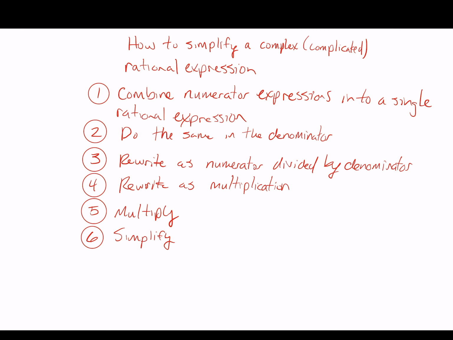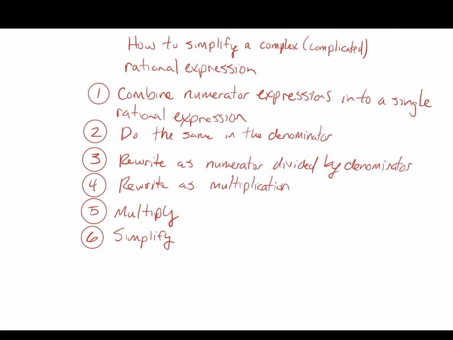Well, first we need to combine the numerator expressions into a single rational expression. So if we have addition or subtraction in the numerator, we need to try and combine those into a single expression. Then we want to combine all the expressions in the denominator into a single rational expression by adding or subtracting.